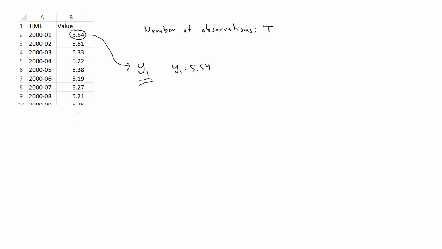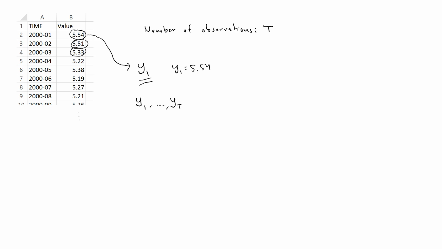So in this sense, just like for the cross-sectional data, we simply view all these numbers as drawings from a sequence of random variables. So the idea is that I have a sequence of random variables going from y1 through y_T.